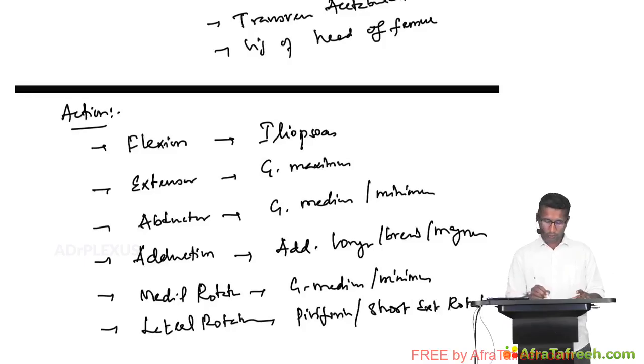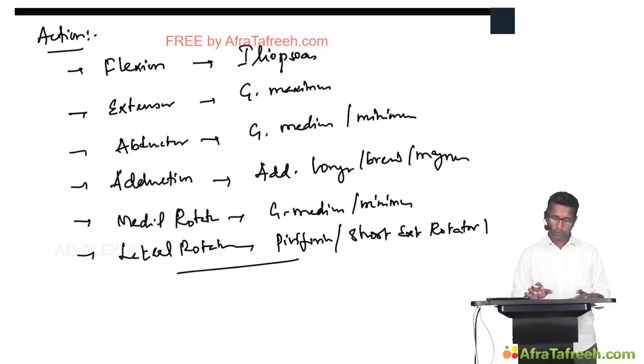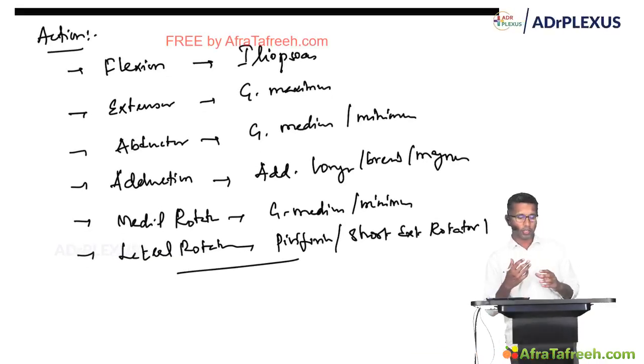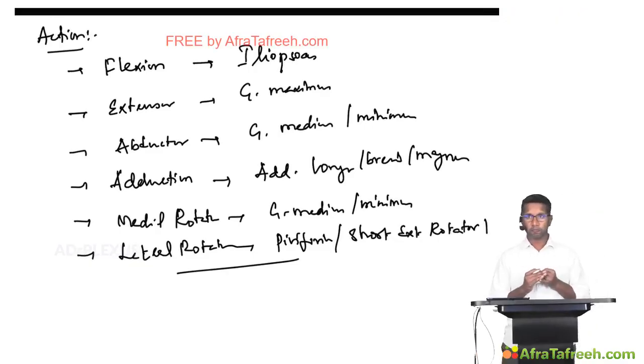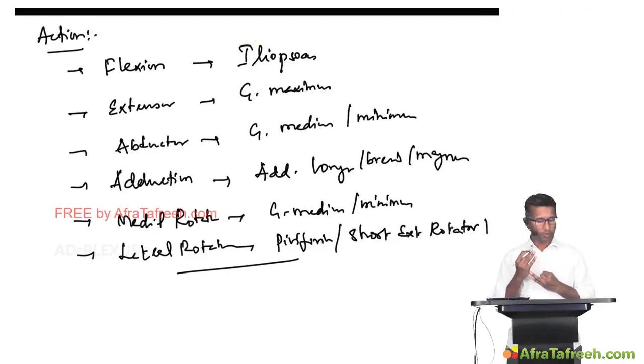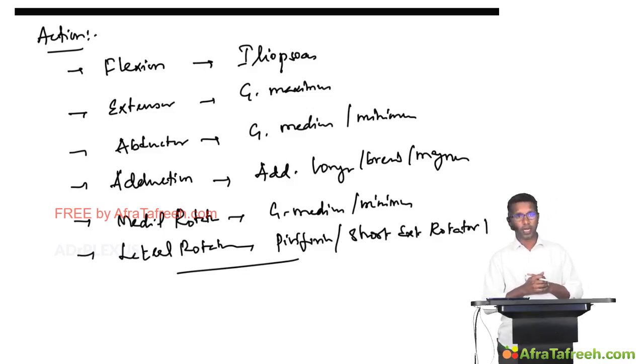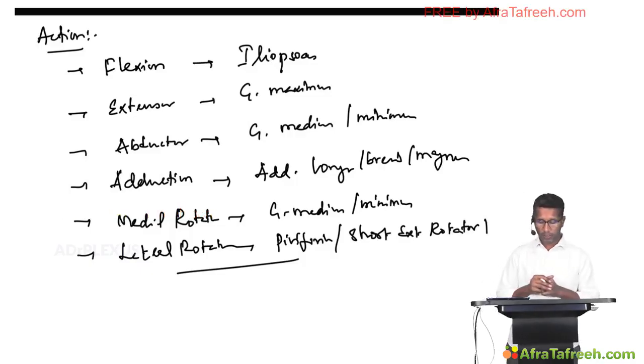So flexion is by iliopsoas, extension is by gluteus maximus. Abduction is by gluteus medius and minimus, adduction is by adductor longus, brevis and magnus. Medial rotation is by gluteus medius and minimus, and lateral rotation is by piriformis and short external rotators.